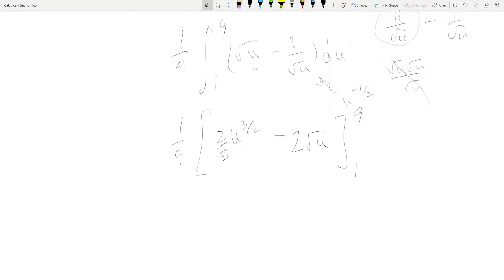Now, what I'm going to do here is, both this term and this term have a 2 in it, but I'm going to pull a 2/3 out in front just so I don't have any fractions, because if I don't pull the 1/3 out here, I'm going to have a fraction. So I'm going to get it all out. I'm going to pull 2/3 out, and look what happens. The 2 cancels with the 4, and I get a 2 in the denominator, but then I also have the 1/3, so it's going to be a 6.